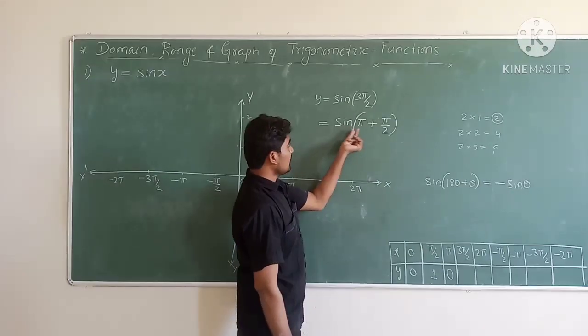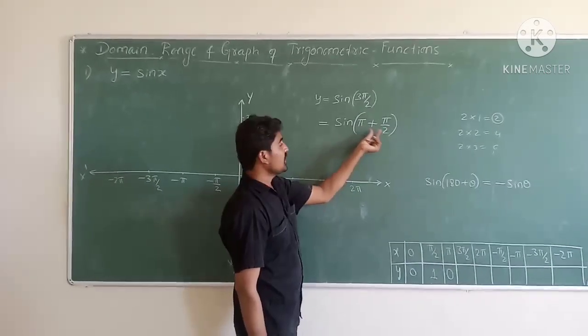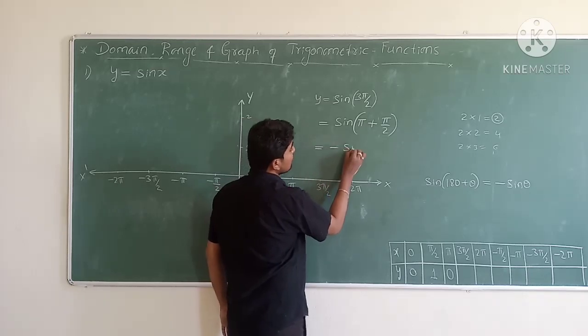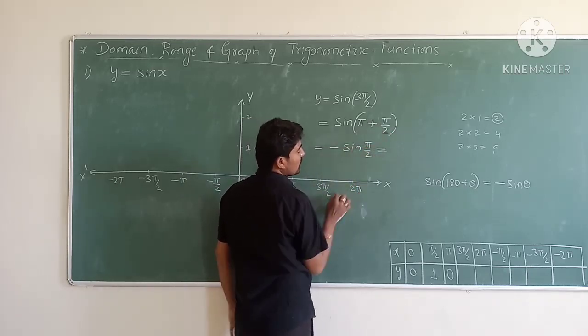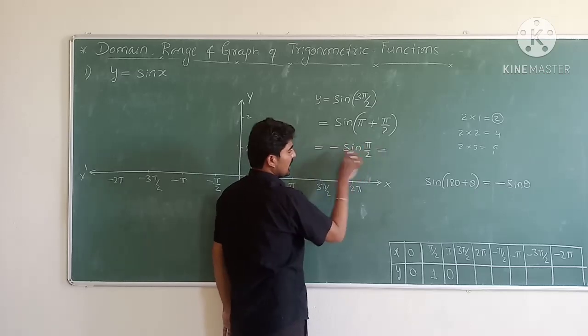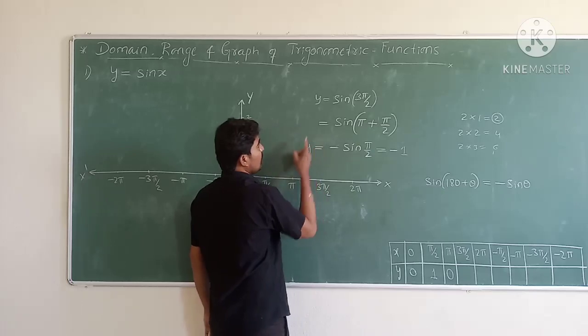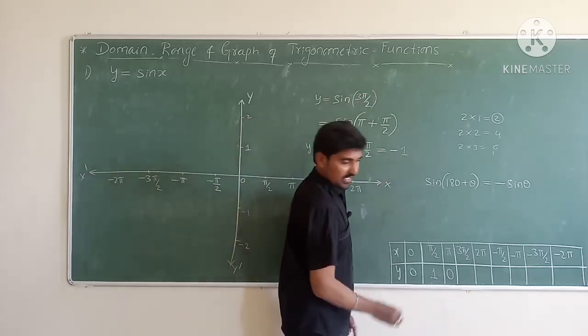Here pi radian is 180 degrees, and the value of theta is pi by 2, so it is minus sin pi by 2. Sin pi by 2 is 1. Therefore, when x is equal to 3 pi by 2, the value of y is minus 1.